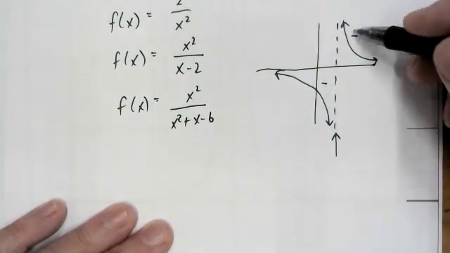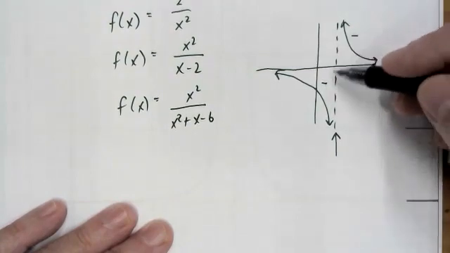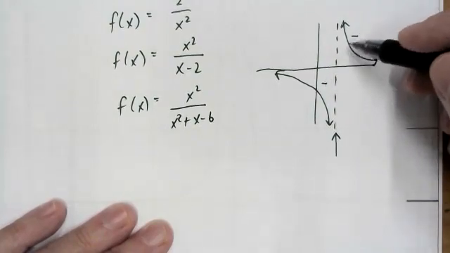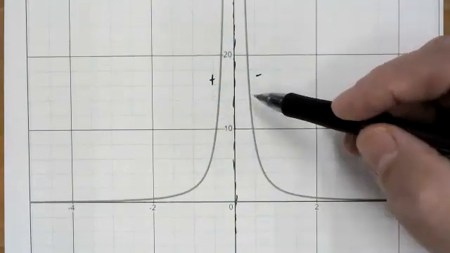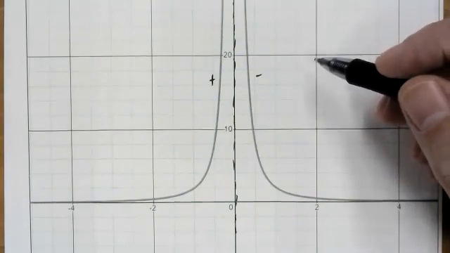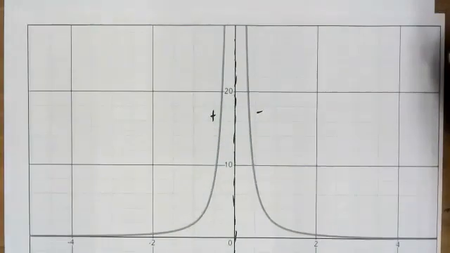So sometimes, maybe most of the time, when we look at some examples, the sign of the first derivative may not change on either side of a vertical asymptote, but there are cases where it does change. So that's why when we look at these rational functions, we have to analyze both critical points and vertical asymptotes.